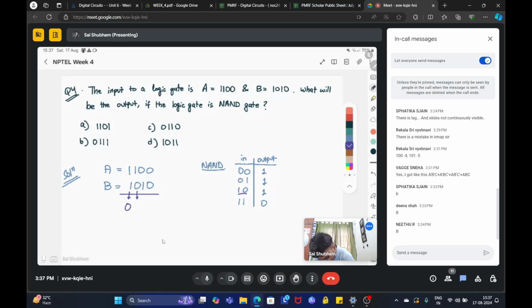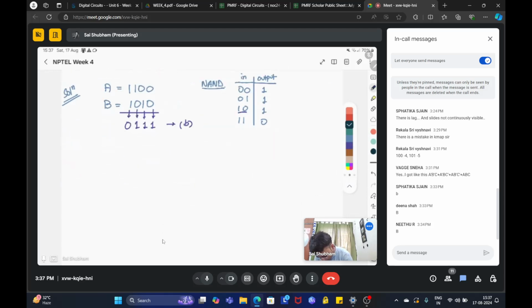So 10 it will be 1, then 1, and 0 will also be 1. So the answer will be B. Okay. I hope everybody got this answer. Moving on to the next question.